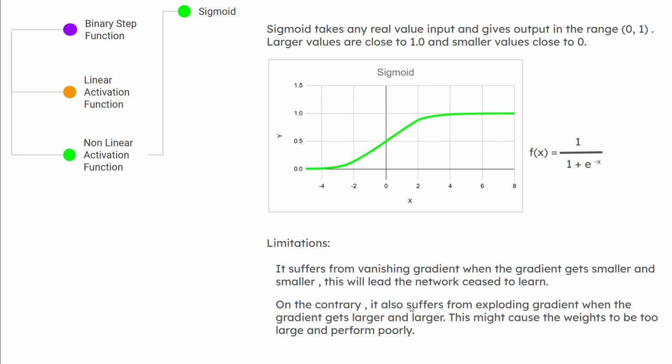So what will happen when the value is larger? The weights will be too big, so the model will not be able to train properly. So it has two issues here: one is vanishing gradient descent and the other one is the exploding gradient problem.